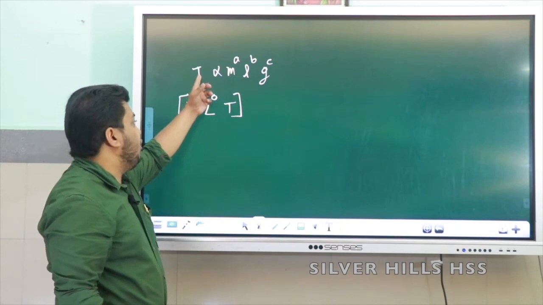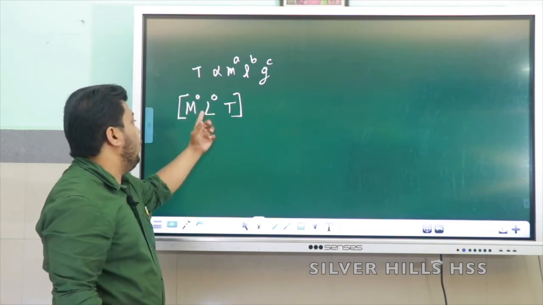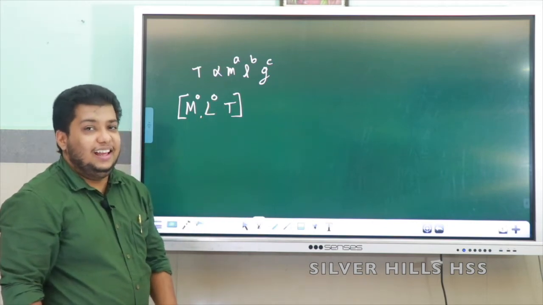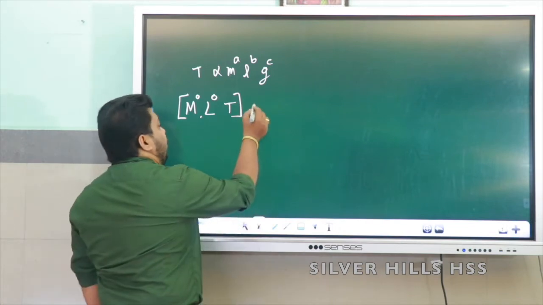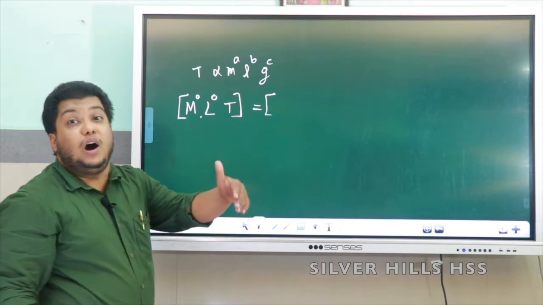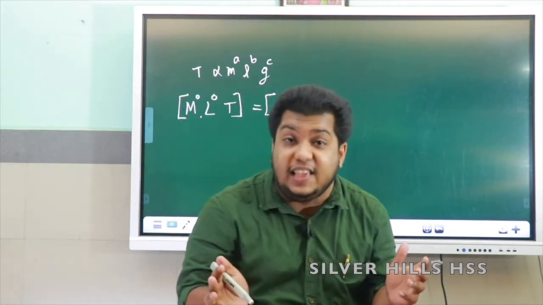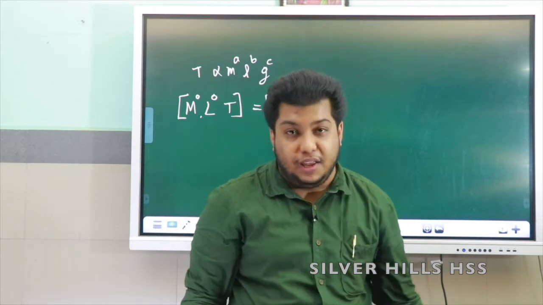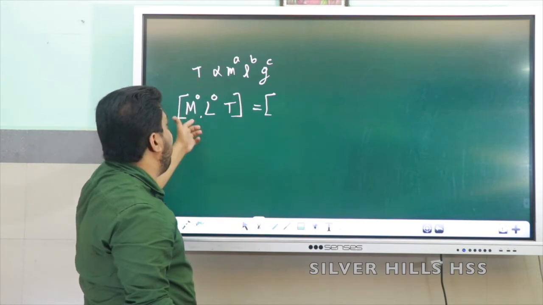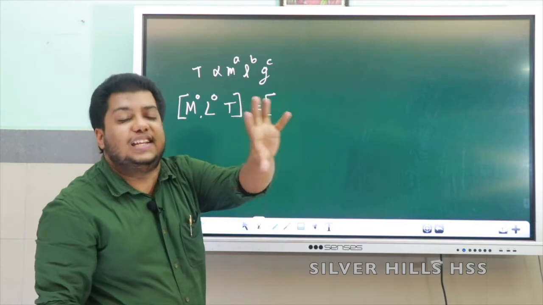On the right side also we can take the dimensions according to the principle of homogeneity. On both sides each and every quantity should have the same dimension. So on the left we take the dimension of time, that is M raised to 0, L raised to 0 and T raised to 1, simply T.